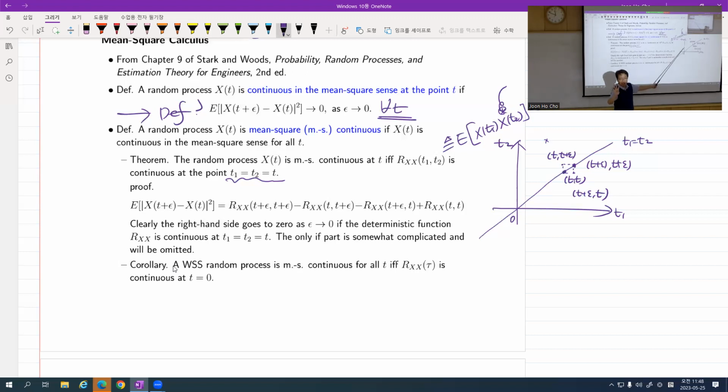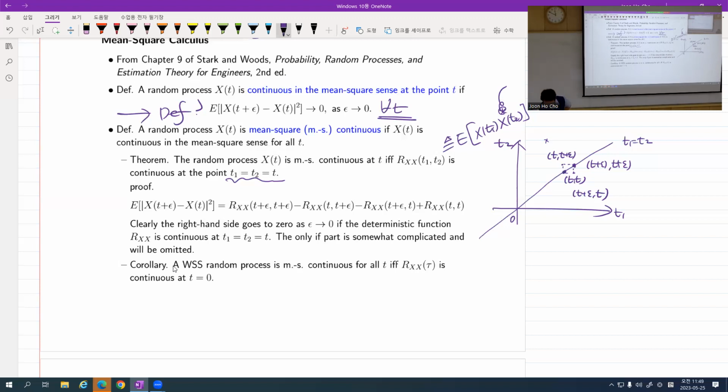As epsilon tends to 0, those 4 points converge to (t, t), and from your knowledge of undergraduate calculus, if the function is continuous at this point, all the terms have the same value. So you have that canceled by that one, and this canceled by that one. So it tends to 0. Got it? Okay.